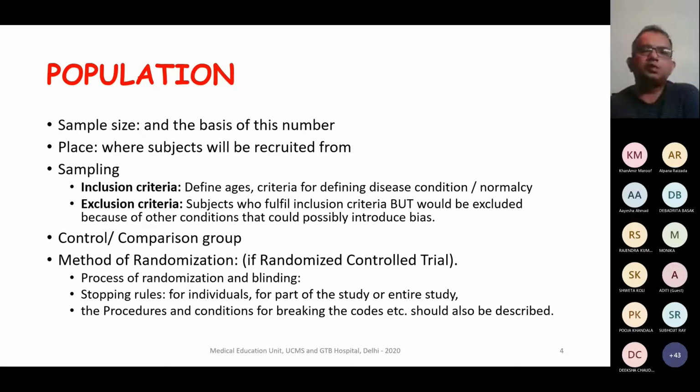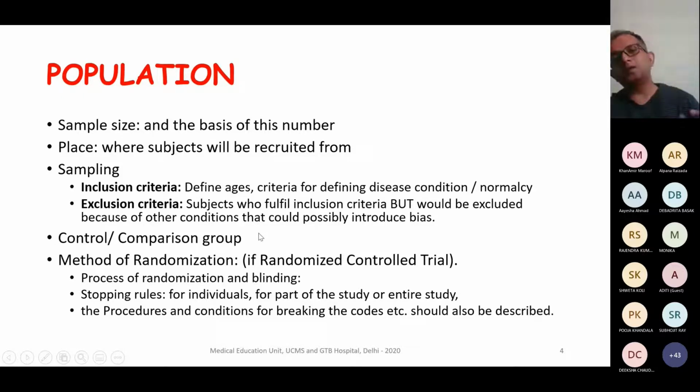The exclusion criteria is defined as subjects who actually fulfill the inclusion criteria. So they have to be of that age group which you are taking, and they must be having that disease condition. So it is not the absence of disease, you will not call it an exclusion criteria. They have to fulfill the inclusion criteria, and then they also have some additional condition which can possibly introduce a bias.